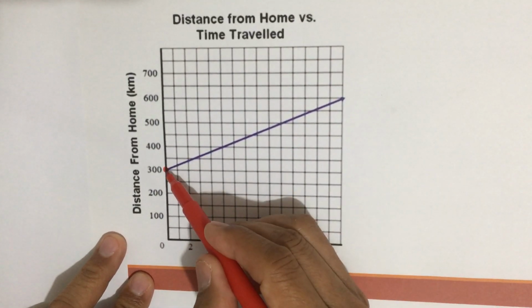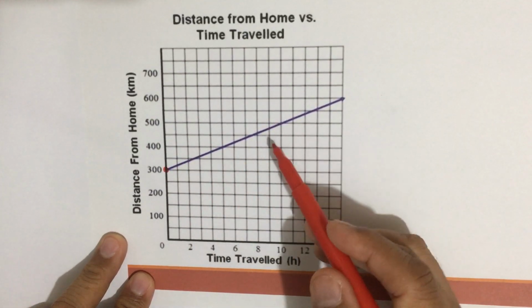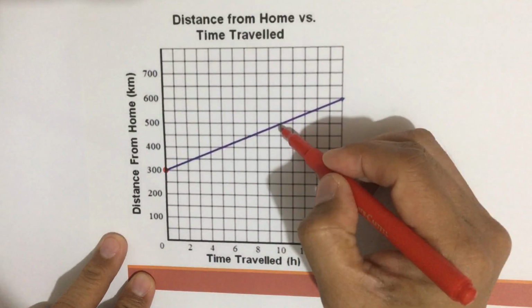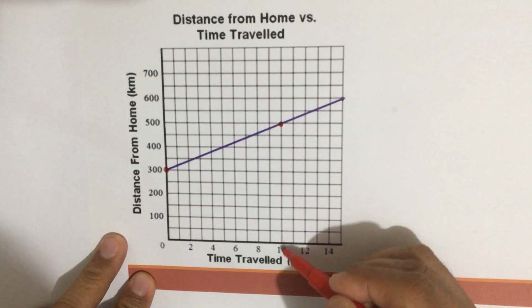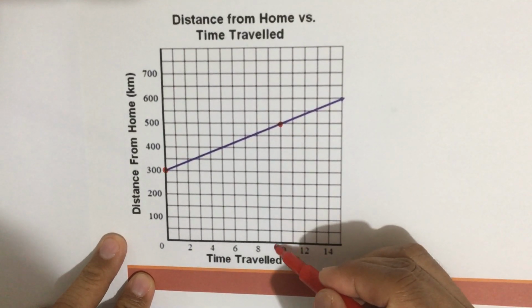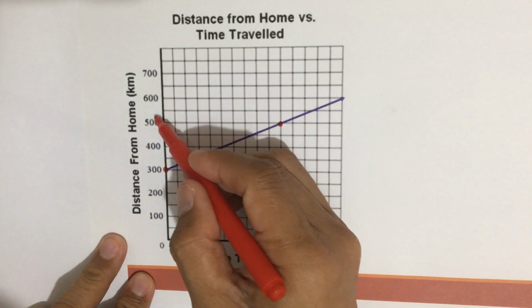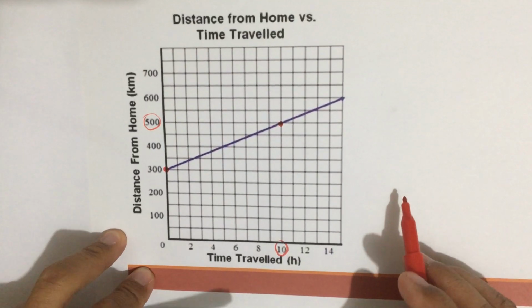Okay, so selecting this first point, which other point do we need to select? If I select this point, I can read clearly, this corresponds to 10 hours, and this also corresponds to 500 kilometers.